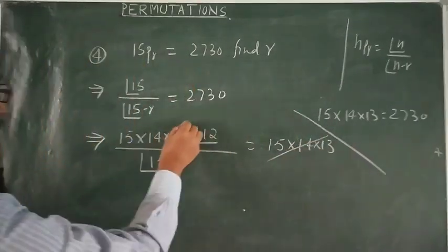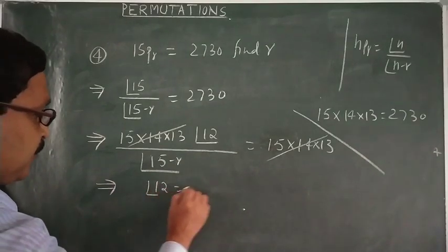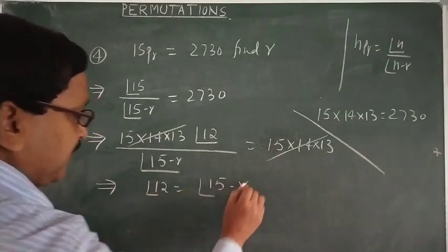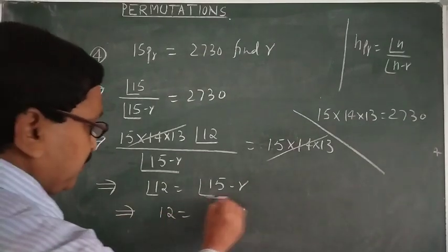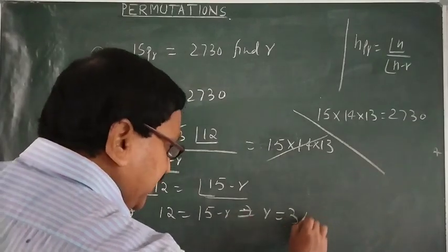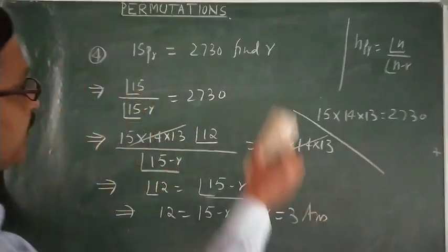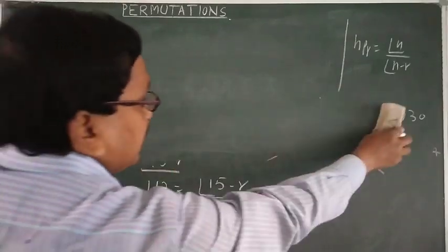So this will cancel, and hence factorial 12 is equal to factorial 15 minus r. Now by comparison, 12 is equal to 15 minus r. So r is equal to 3, the answer. In this way, we can use the formula to find the value of r.